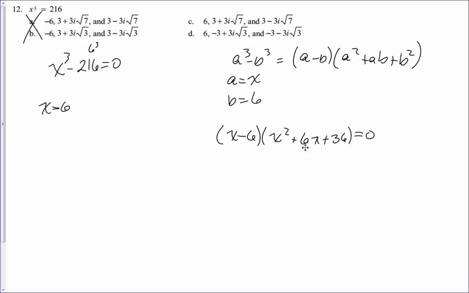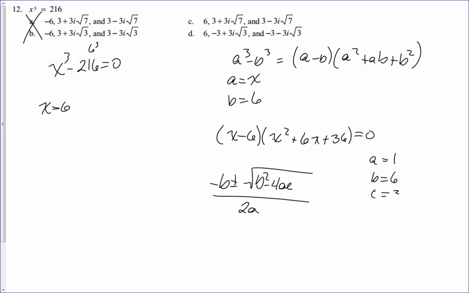So now, since this is not factorable, we're going to have to run it through the quadratic formula, which is negative b plus or minus the square root of b squared minus 4ac all divided by 2a. In this case, our a is now 1 because the coefficient on x squared is 1. Our b is 6 because it's plus bx, so b is 6.